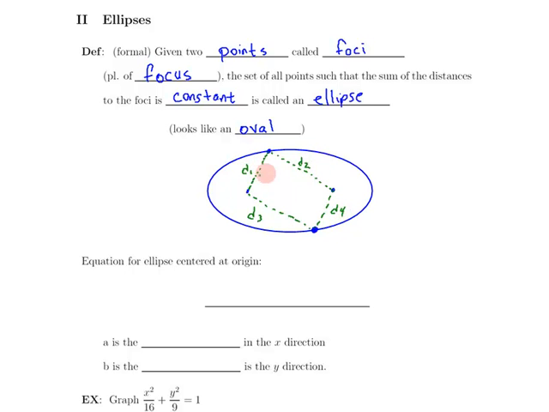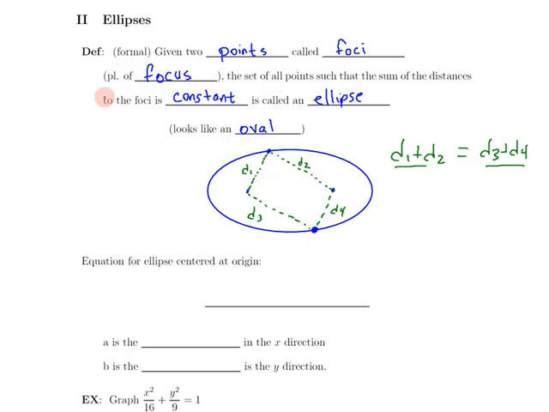The sum of the distances from the outside point to each of the foci, D1 plus D2, is going to be the same if I do it for any other point, D3 plus D4. Okay? That sum of the distances to the foci is constant for any point on the outside of the ellipse.